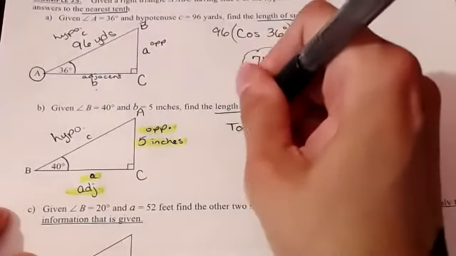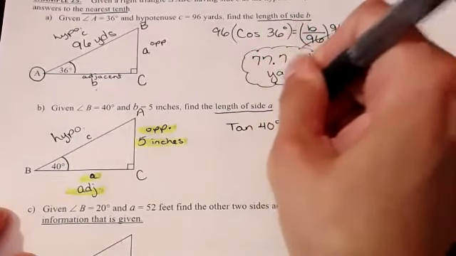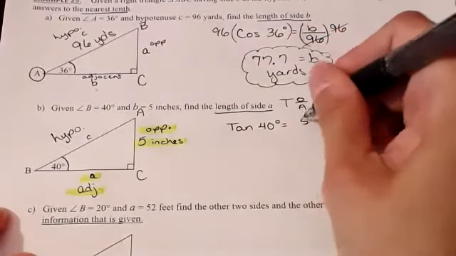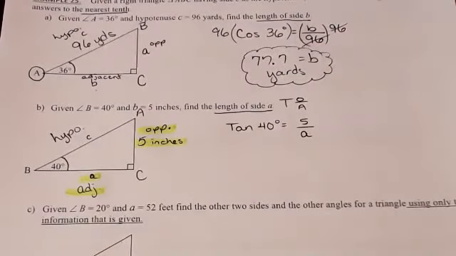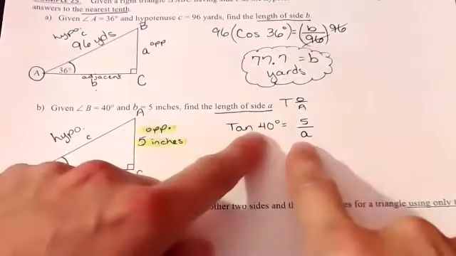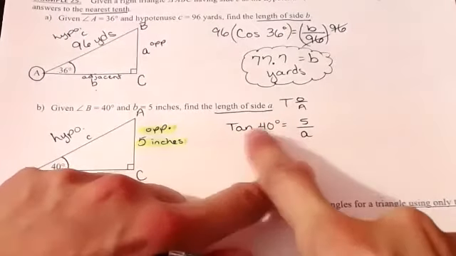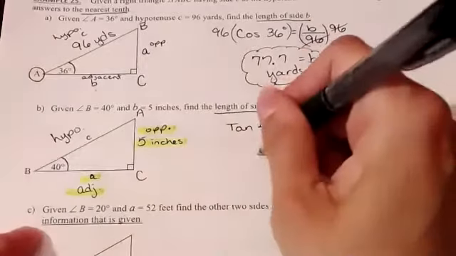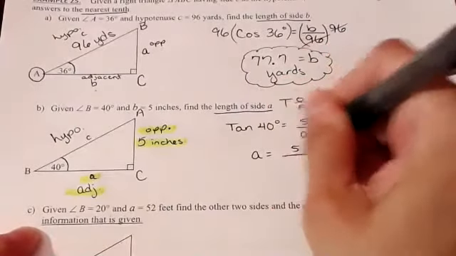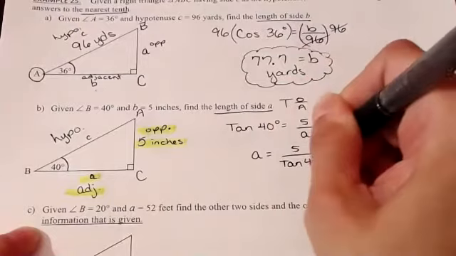So we have the tangent of 40 degrees is equal to opposite over adjacent, which is unknown. As we learned before, we're going to swap these two places. So tangent of 40 and A are going to switch. So A is equal to 5 over the tangent of 40.